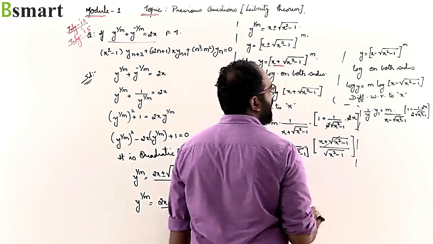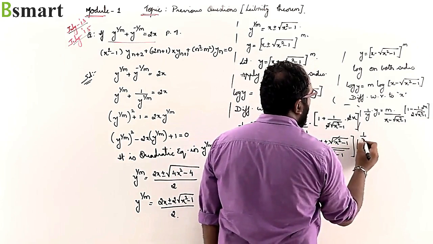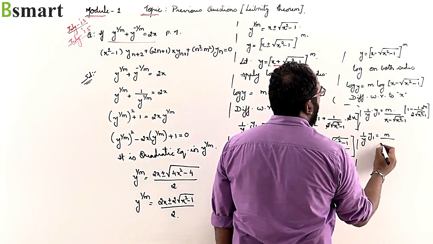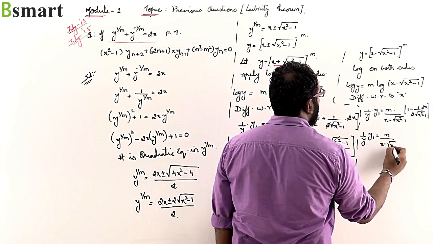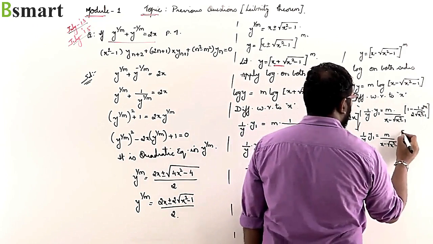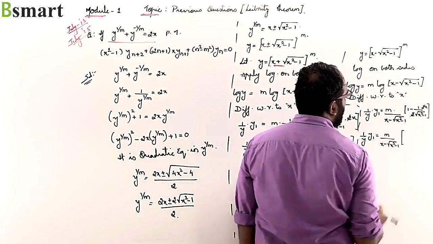So then that will be 1 by y into y1 is equals to m by x minus root over x square minus 1. And if we take the LCM, here 2 and 2 will get cancelled.